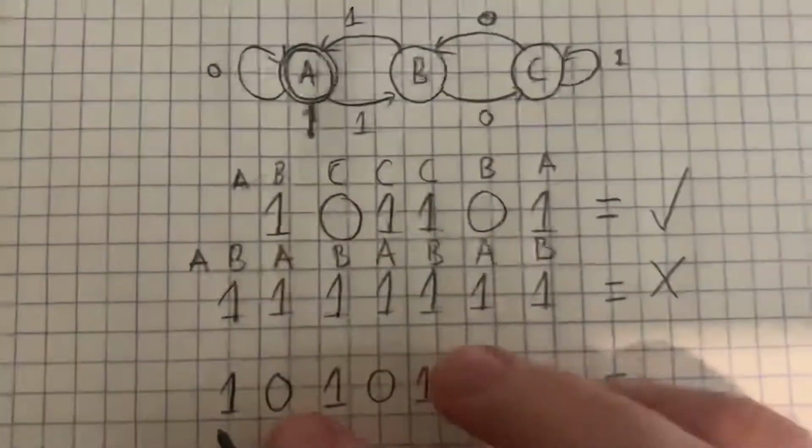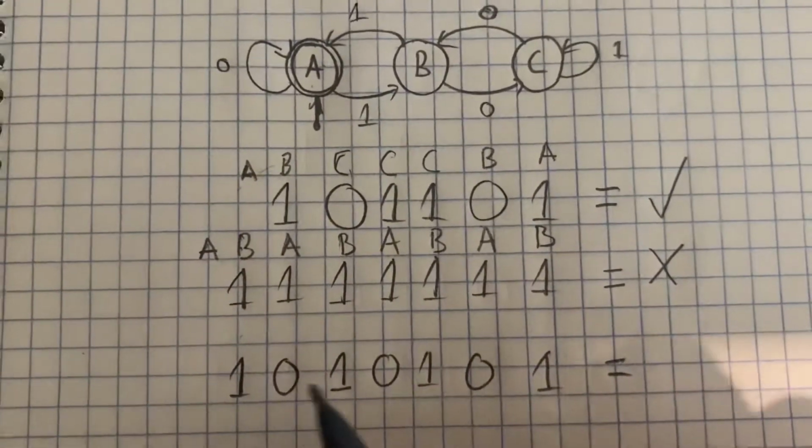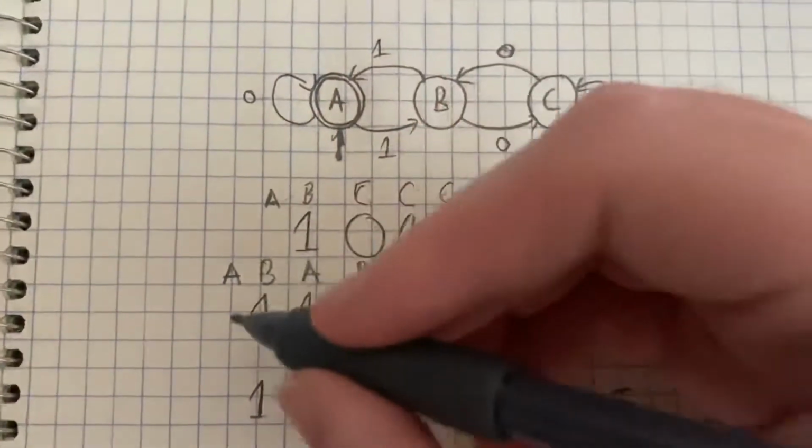All right, so what about this string? 1, 0, 1, 0, 1, 0. Well, let's try it out.